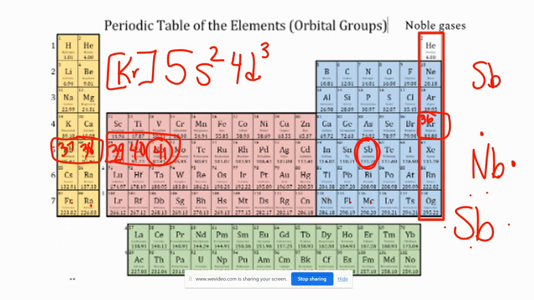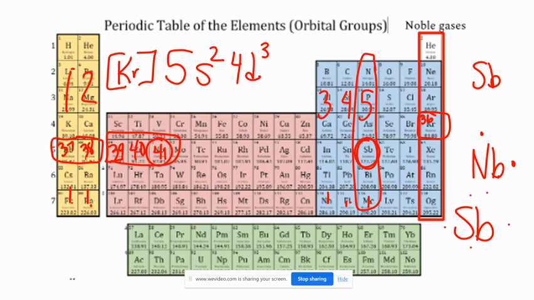I'm counting columns. 1, 2, 3, 4, 5. Not my N value, I'm just counting columns. Anything in this column here is going to have 5 valence electrons.